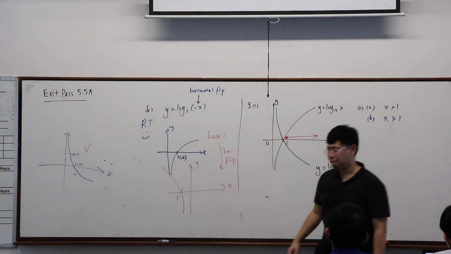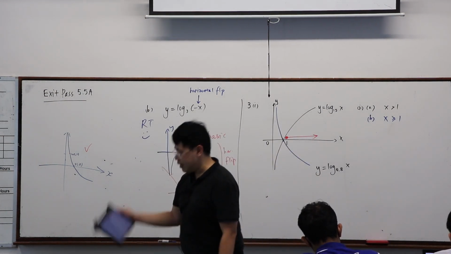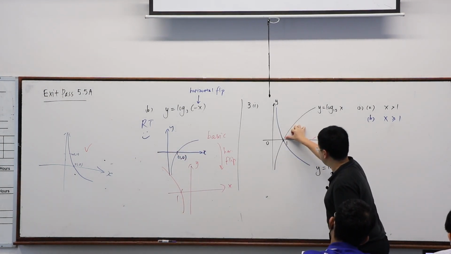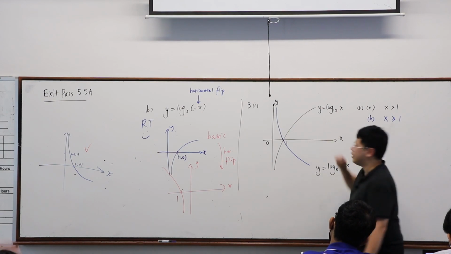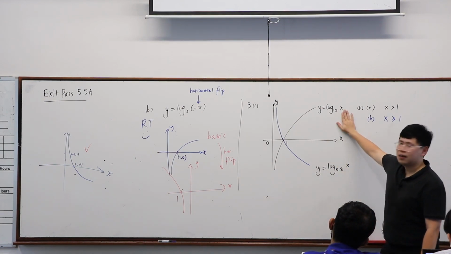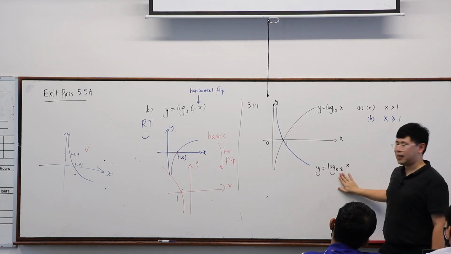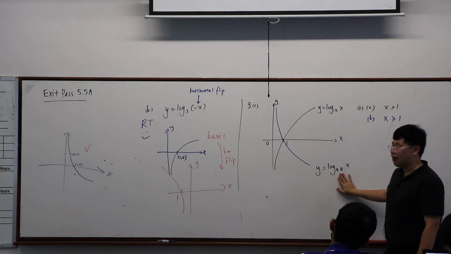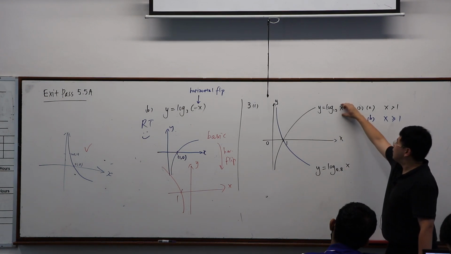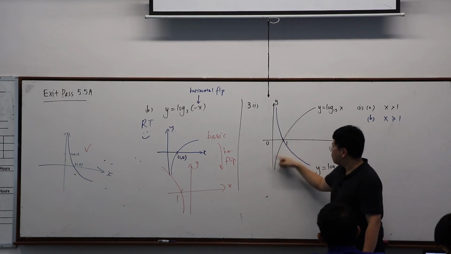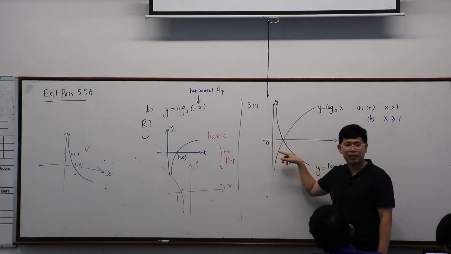Okay, the last part. For C, let me remove this number line. Which region of x do you get log base 15 of x higher than log base 0.8 of x? Let's take a look at this part. Which one is greater?